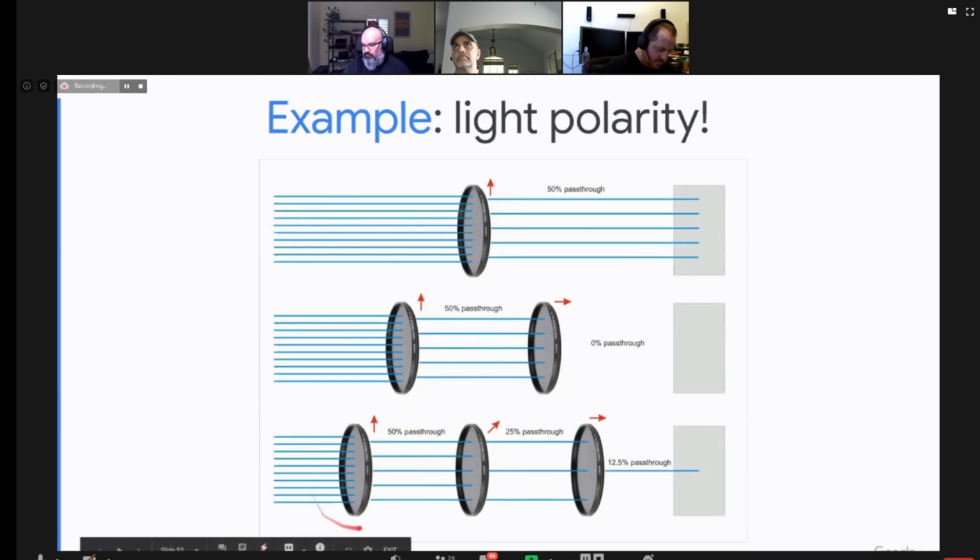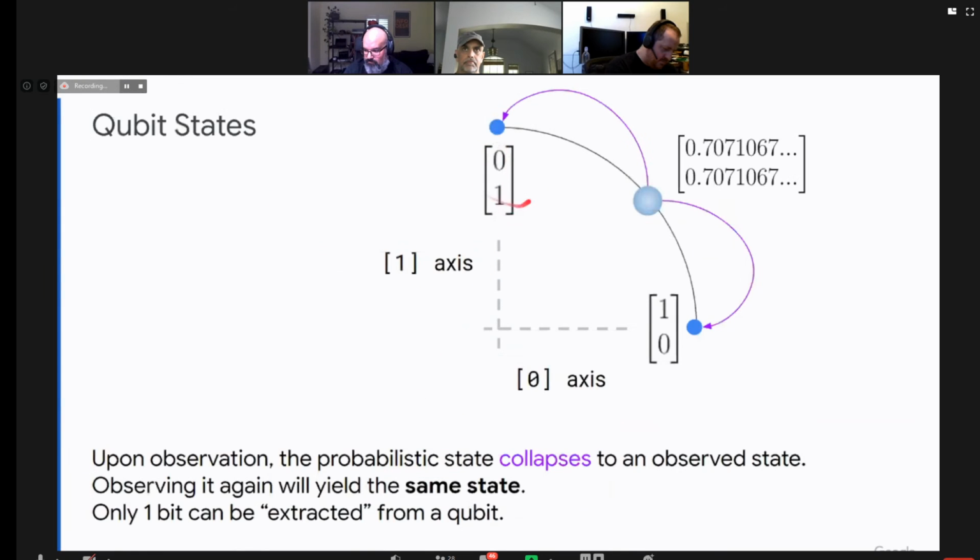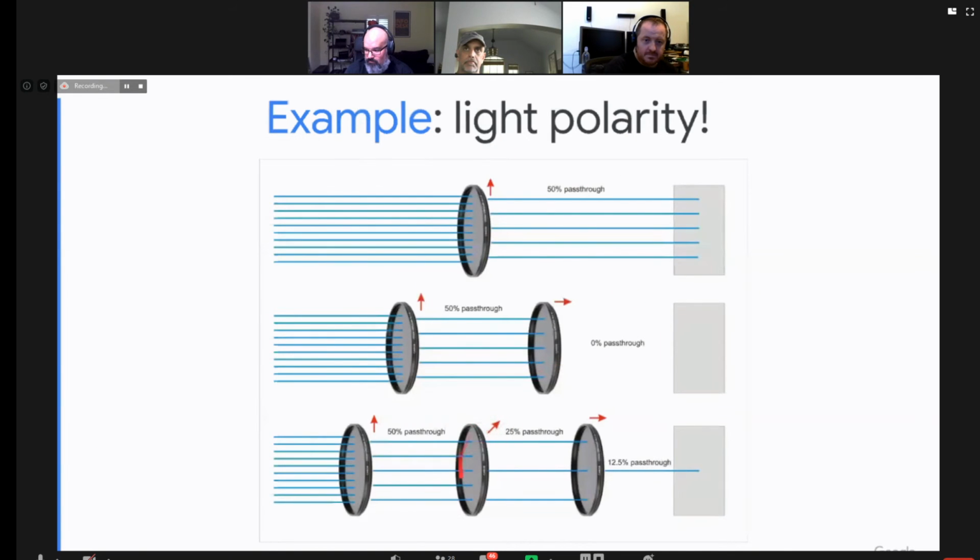The chanciness, you see, is when you measure it, say, at an angle. That's like saying, I start with a qubit in this position, and then I take a measurement right here, and it has a 50-50 chance of falling back into one of these two states. When you put this angled filter right here, half of this half gets let through, and then the horizontal filter lets half of that through.